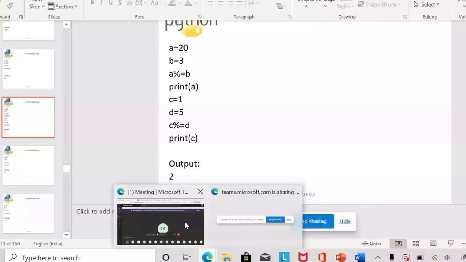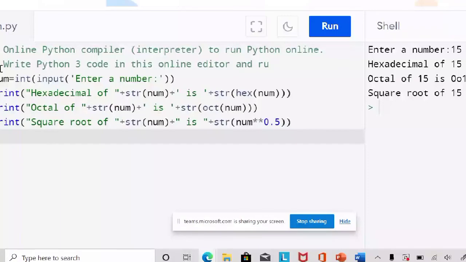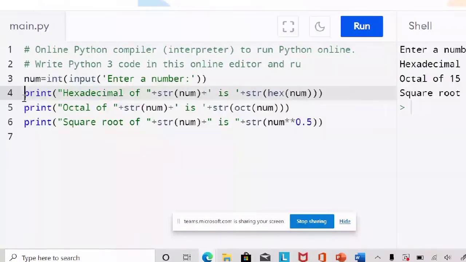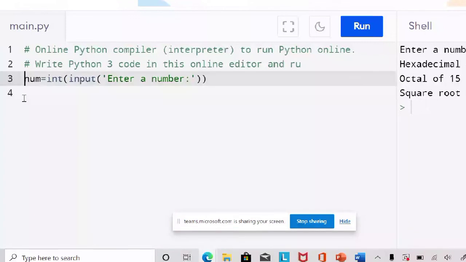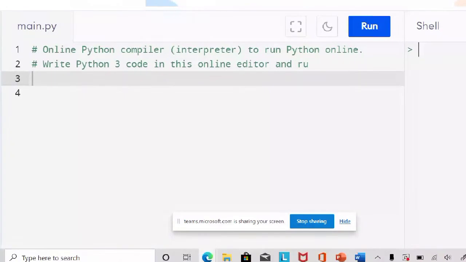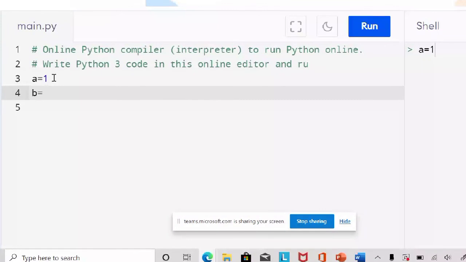So if anyone is having a doubt, just to clarify on that. Okay Nana, see this. I am taking A as 1, then B equals 5, and I want to print that.